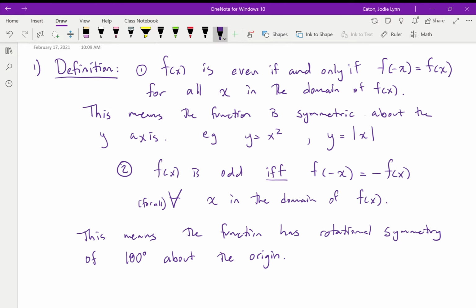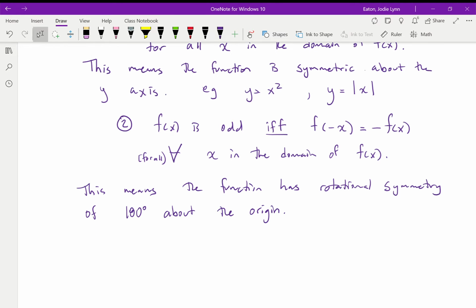And so an example of that might be y equals x cubed, has rotational symmetry of 180 degrees about the origin. And if we take f of negative 3, so negative 3 cubed is negative 27, which is the same as negative f of 3, negative 3 cubed. Similarly, y equals the cube root of x also has this rotational symmetry.